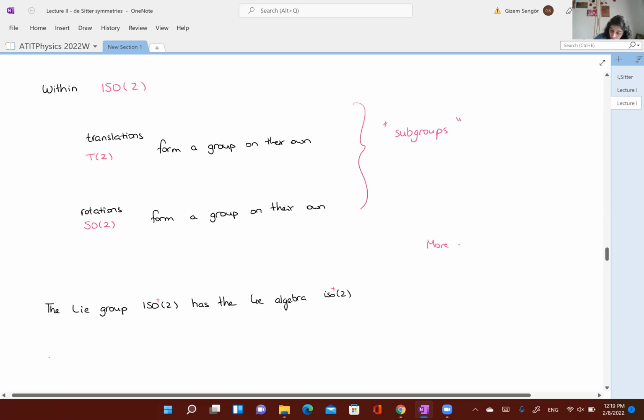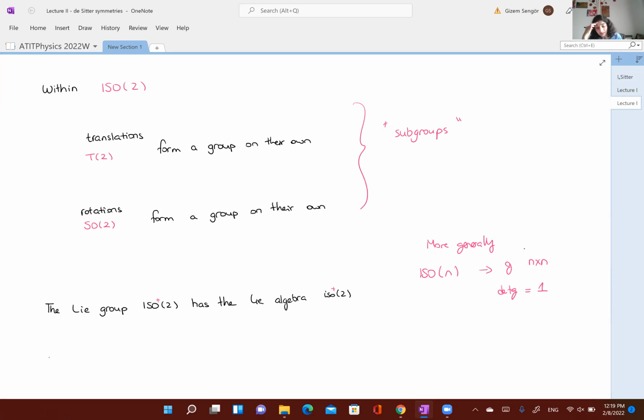Let's like this. More generally, this is a group SO(n), and its group elements will be n by n matrices with unit determinant. So if you look at, you can do, actually a good exercise. Write down the metric on 3-dimensional Euclidean space.